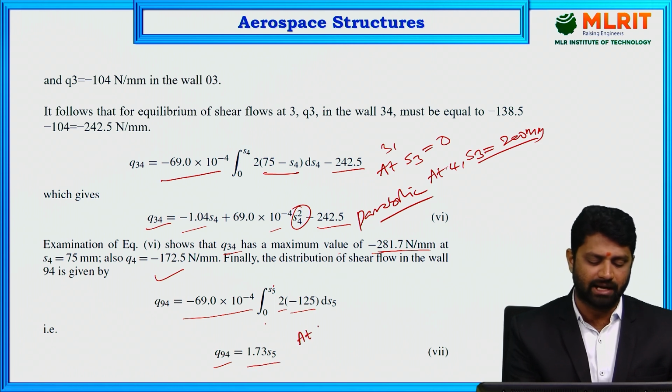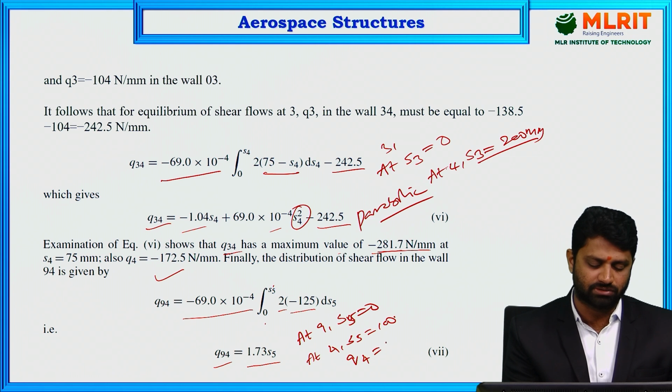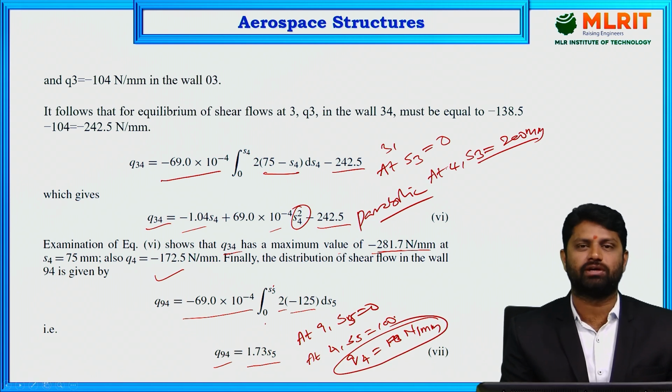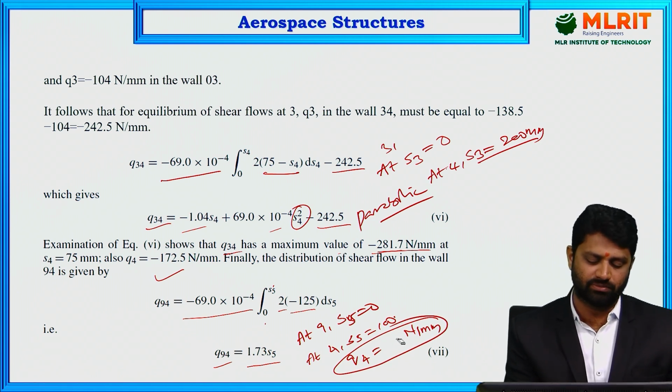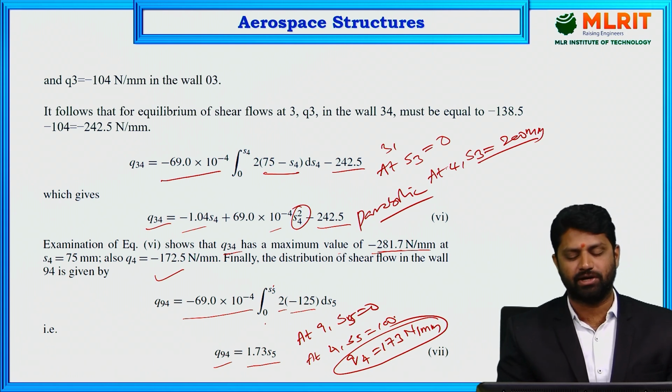At 9 you substitute S5 as 0, so it becomes 0, and at 4 you substitute S5 equals 100 mm. You get Q4 equal to 173 Newton per mm. This is how we calculate the shear flow in open and closed section beams.